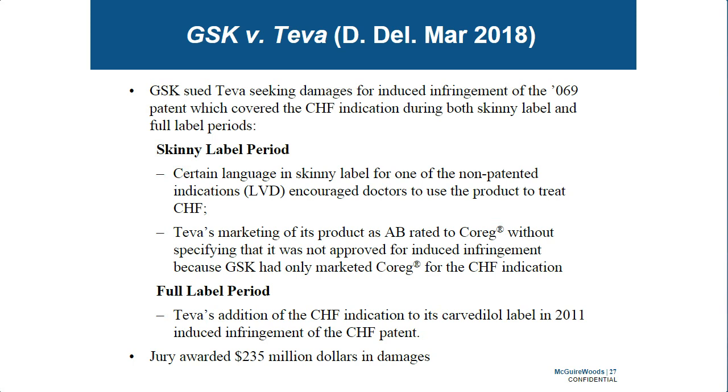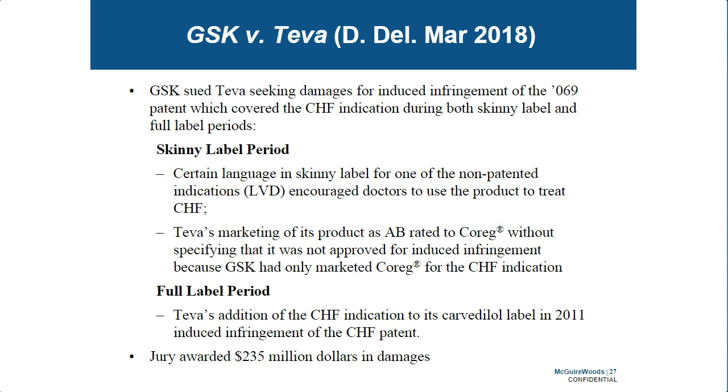Teva said this product was AB rated, meaning equivalent to the GSK product, which means that Teva must have known, or was trying to promote its product for the purpose of having it used for the CHF indication. So those were the arguments for the skinny label period.